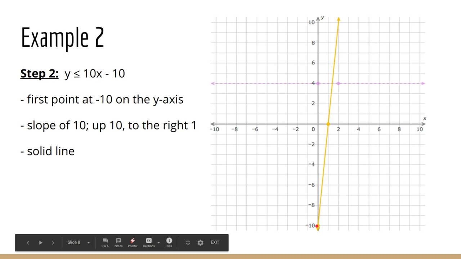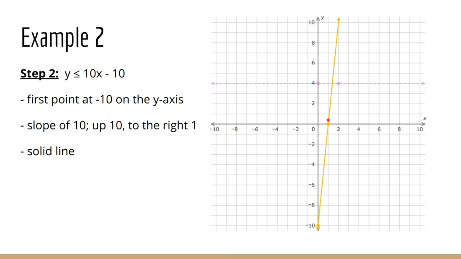Because I have a slope of 10, I'm going to be moving up 10 units to the right 1. We have a positive slope. And the line is going to be solid due to that less than or equal to. So take a second and determine whether you're going to shade above your yellow-orange line or you're going to shade below your yellow-orange line. Submit your answer for me.